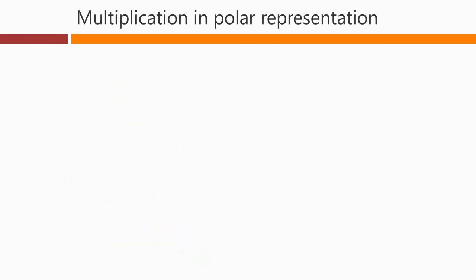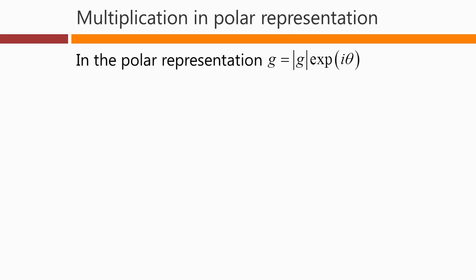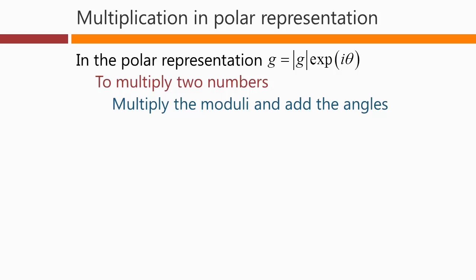In this polar representation of complex numbers, multiplication becomes very simple. So in our polar representation, we can write our number g, as we said, the modulus of g times e to the I theta, or exponential of I theta. To multiply two numbers, all we have to do now is multiply the moduli of these numbers, and add the angles.